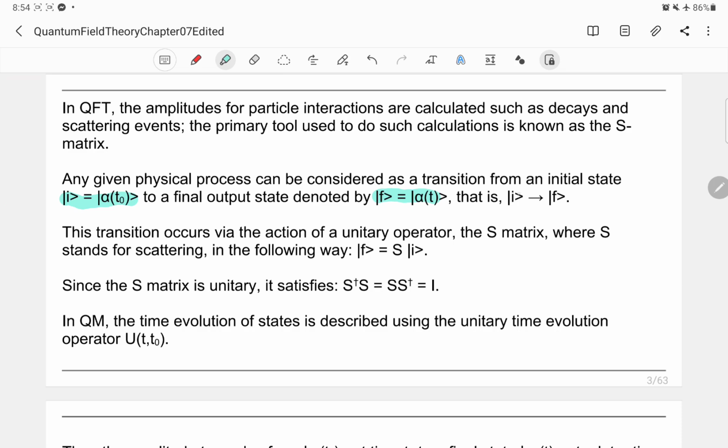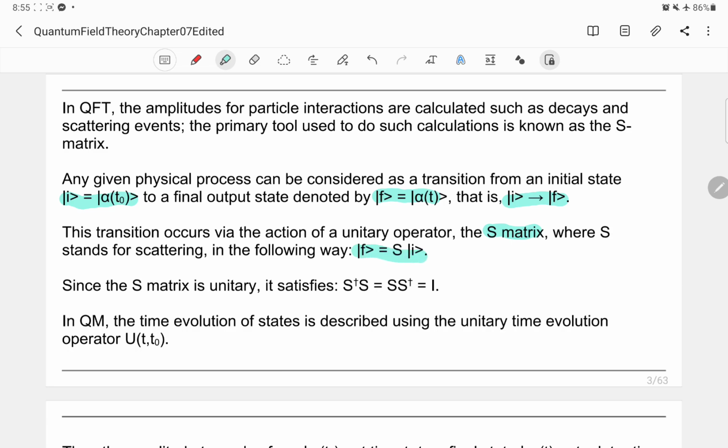So the transition would be from I to F, where I is just initial and F is just final. This transition happens via the unitary operator, what we call the S matrix.